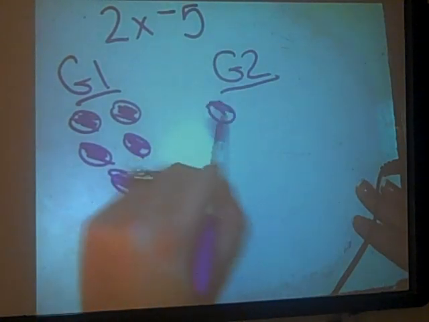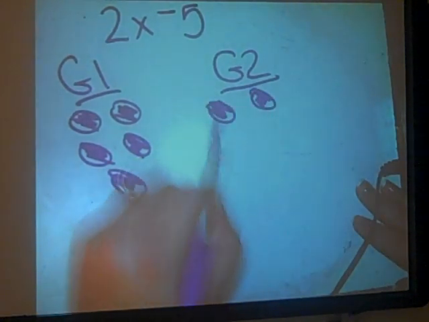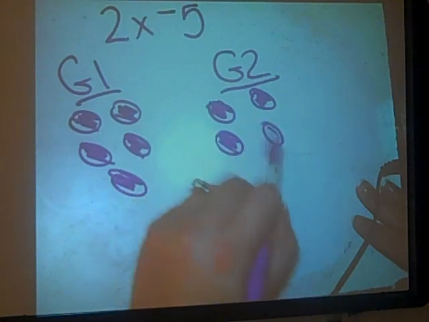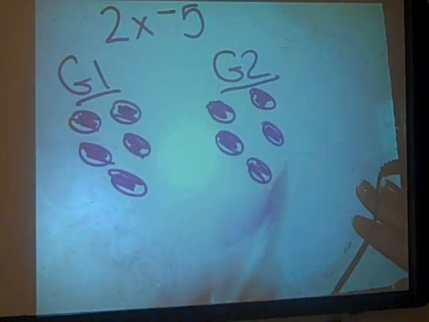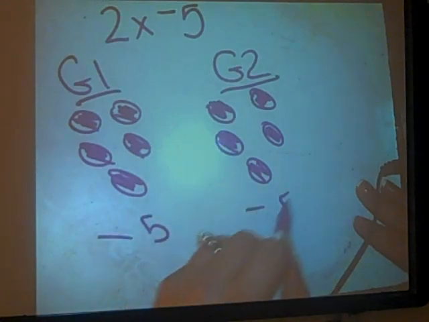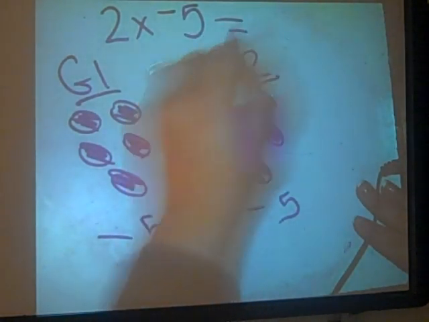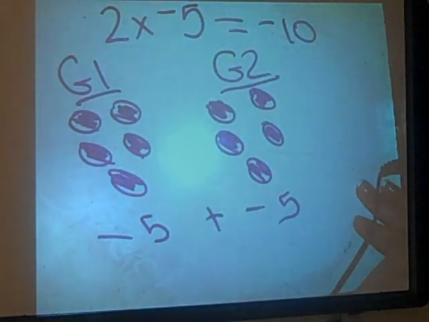Notice how this time my circles are shaded in. That represents a negative number. So my total, I have negative 5 in here, negative 5 here. So I have negative 10 altogether.